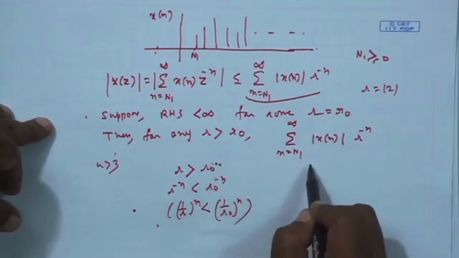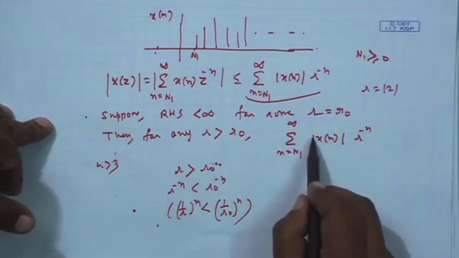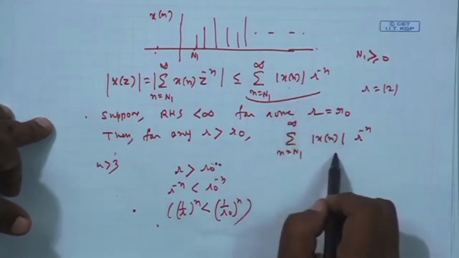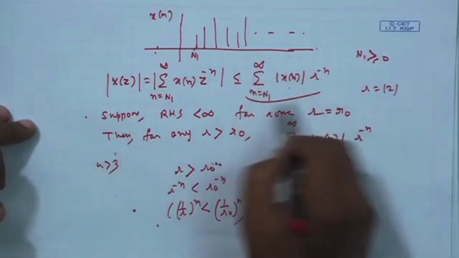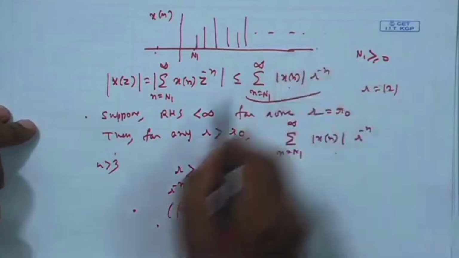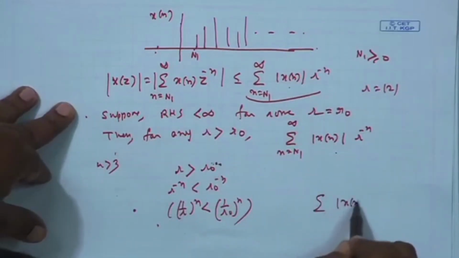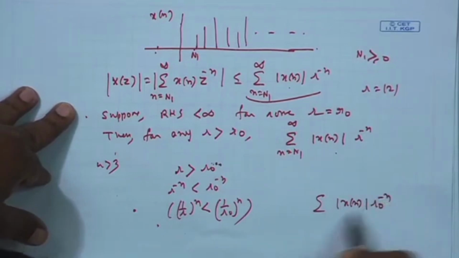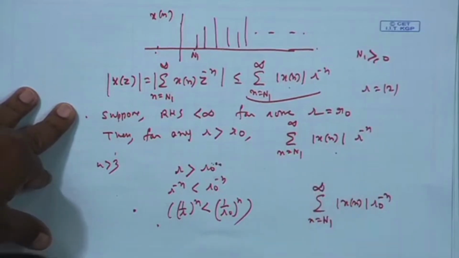That means the summation is to consider any small nth entry. Mod x n was present here also, but that time I assumed that the summation is finite for r equal to r naught, that is, if we have r naught to the power minus n, this is finite, this is what I have assumed that exists.